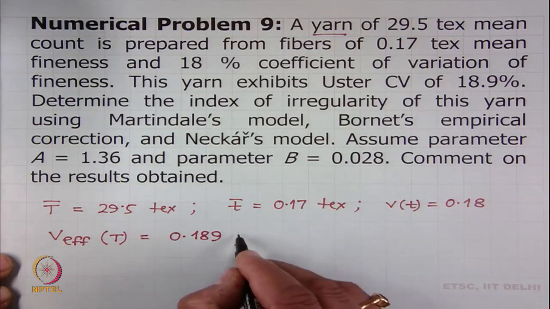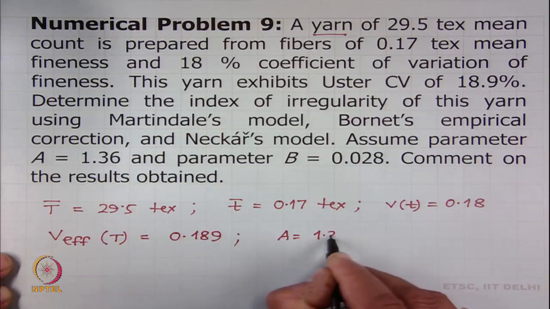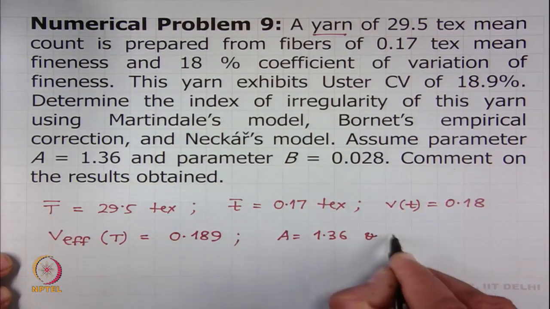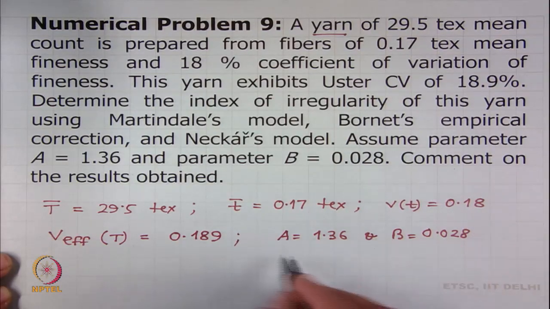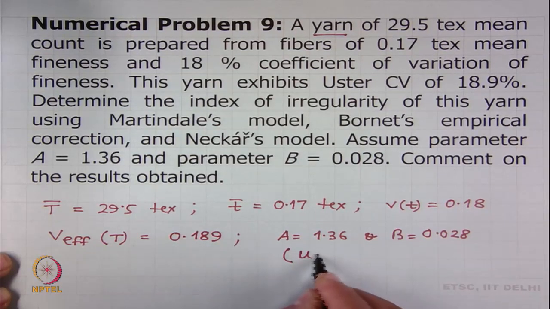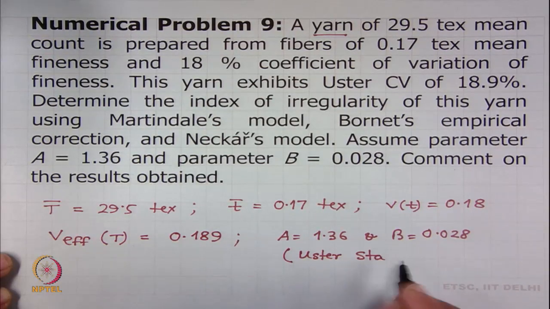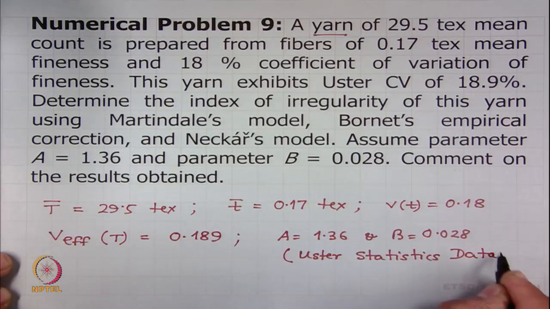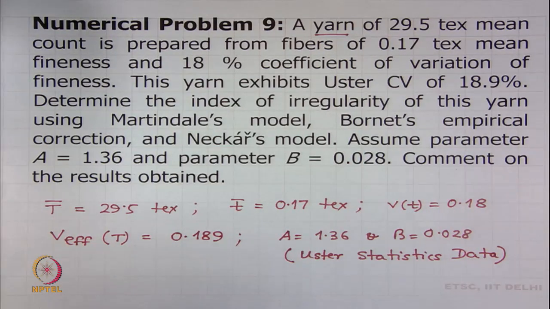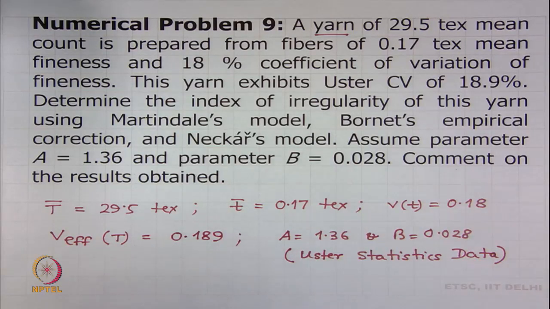And two parameters are given, A for from this and B from this. These parameters are obtained from Worcester statistics data. These two parameters were obtained based on Worcester statistics data.